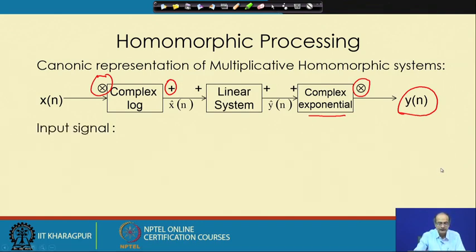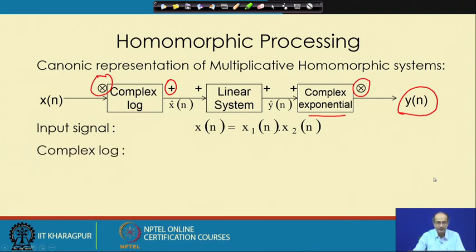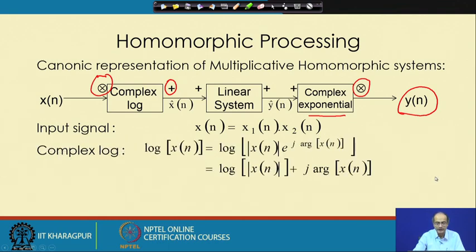First, let us look at the input signal. The input signal x n, or the observed signal, has multiple constituents x 1 and x 2. For simplicity, we have just taken two components, and they are combined in a multiplicative way. Okay. Next we have the complex logarithm. First, we need to know how to compute the complex logarithm.